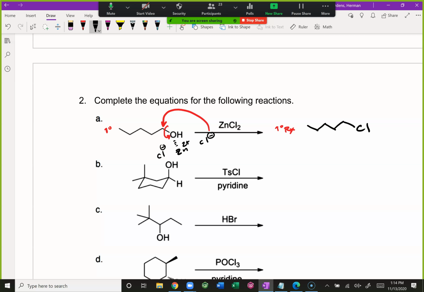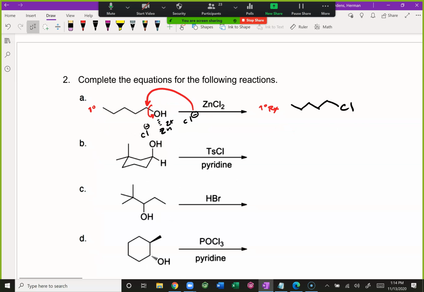It's 5 carbons and a chlorine. Okay. So this is also an SN2 reaction. Lots of SN2s. This chapter kind of blends together with the previous one because there's a continuity there. All right, let's do the next problem.